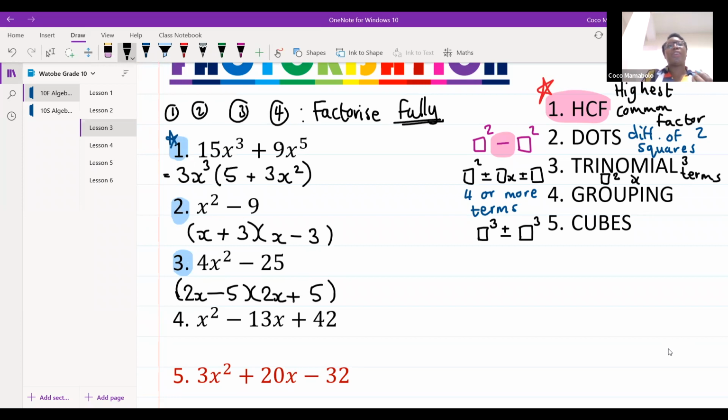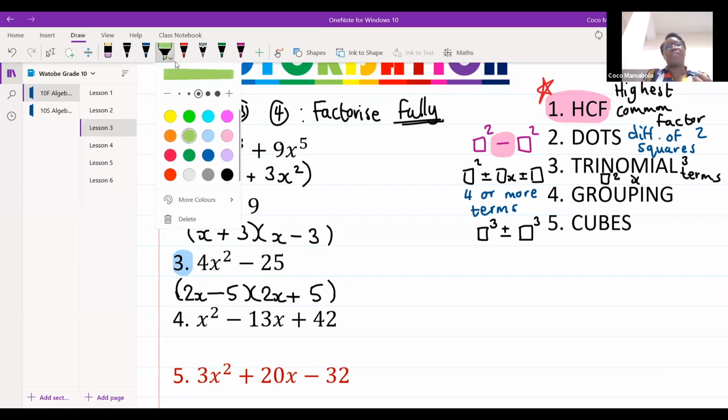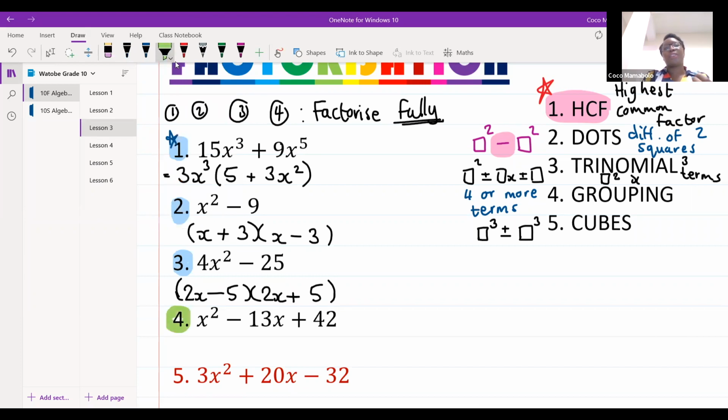Okay, let's look at number 4. What do we notice about number 4, guys? What kind of factorization are we using for number 4? It's a trinomial. Good. So when I see a trinomial, the first thing I'm going to do is open 2 brackets. And then I'm going to look at my first factor over here, x squared.